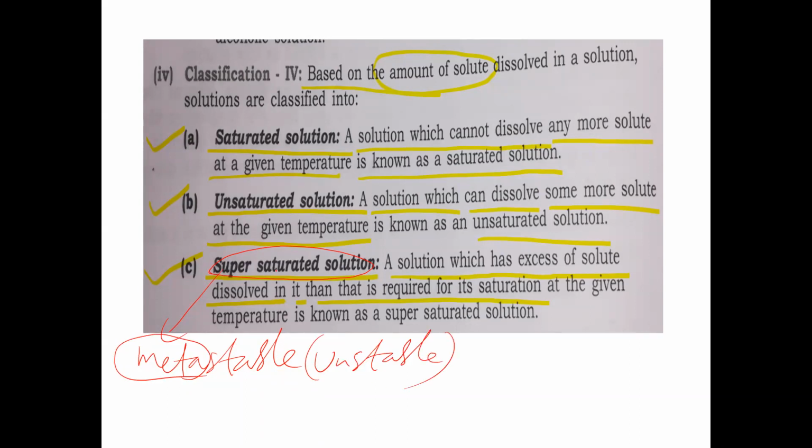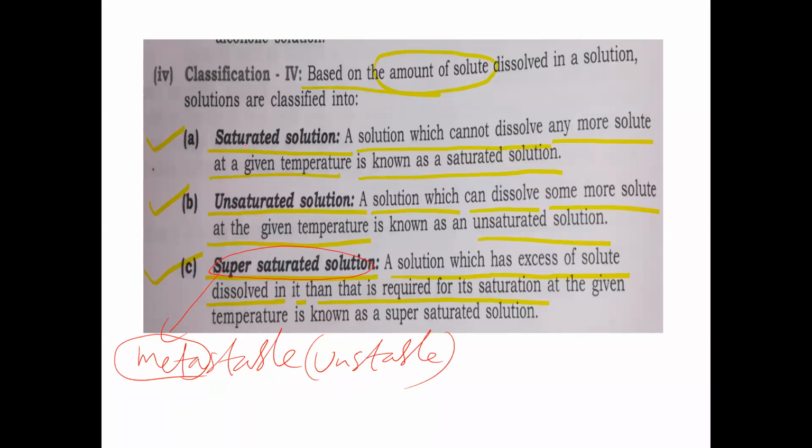Supersaturated, because an excess amount of solute is already dissolved. That excess solute may come out at any time. If you change the conditions, like temperature or the addition of some more solute, the excess dissolved solute will come out of the supersaturated solution. So a supersaturated solution is unstable, metastable, we say.